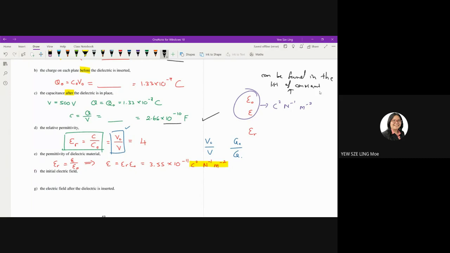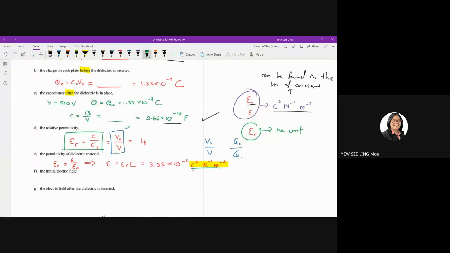So you don't have to memorize the unit. You can check the list of constants and search for the unit. Look for epsilon naught, because epsilon naught is given in the list of constants. From the unit of epsilon naught, you know this is also the unit for epsilon. Whereas epsilon R has no unit, it is a dimensionless quantity. That's why in question D, I leave it as 4. But in question E, I write down a unit, C squared N negative 1 m negative 2.